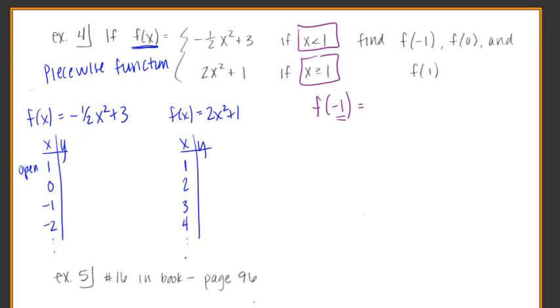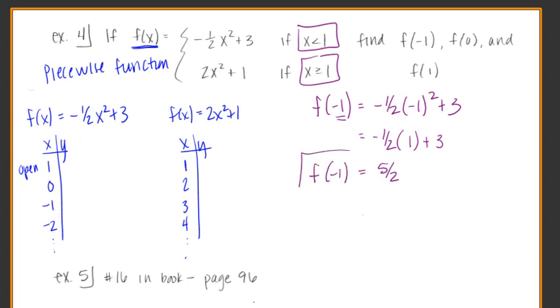Obviously -1 is less than 1, so I'm only going to plug it into the top equation. So it's going to be -1/2 times -1 squared plus 3. Okay, so -1/2 times a positive 1 plus 3. So 3 minus a half, or 6/2 minus 1/2, is 5/2. So f of -1 is equal to 5/2.